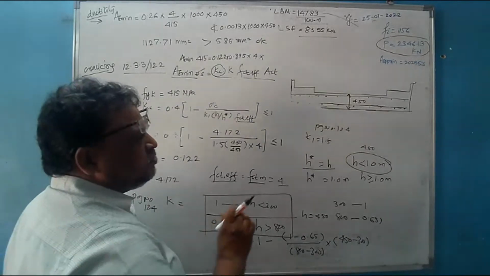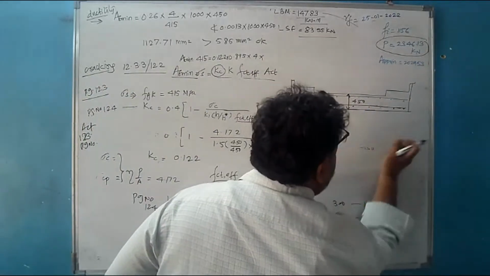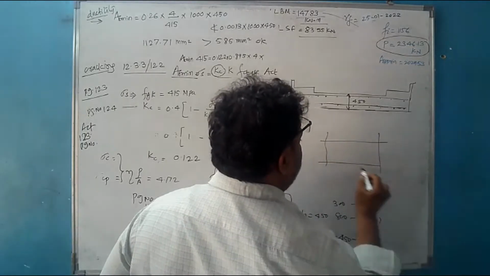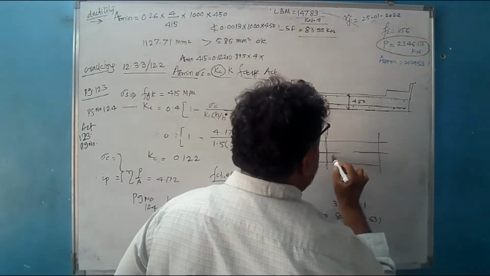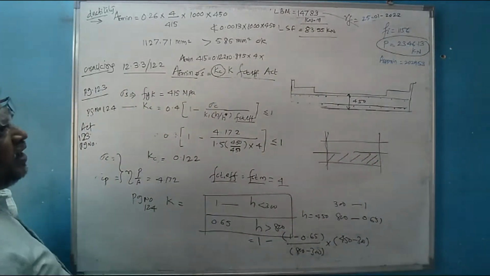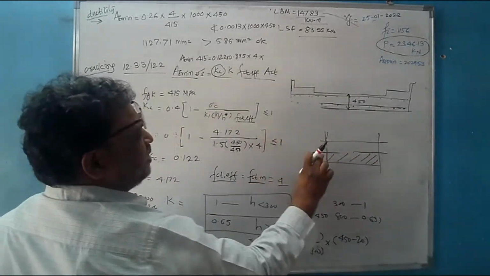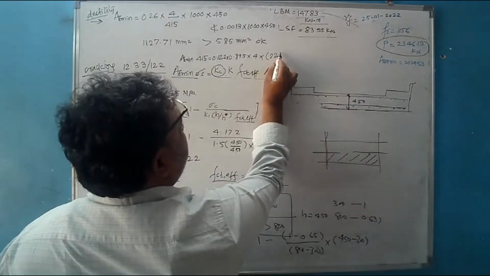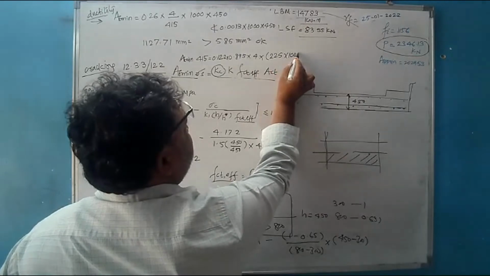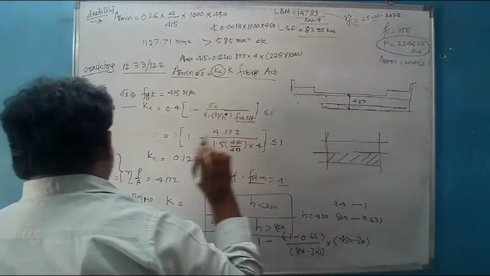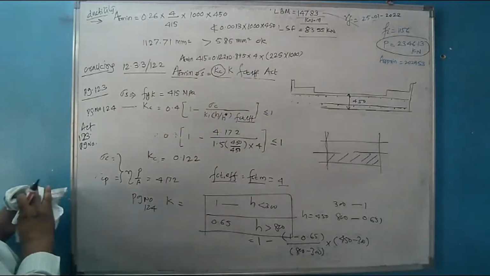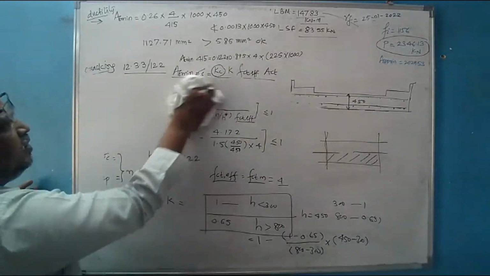So what is the tension zone area? Tension zone area कितना रहेगा? अगर मैंने ये 1 मीटर वाइड स्ट्रिप कंसीडर किया है, 1 meter wide, this is the neutral axis, this is the tension zone. What is the area of the tension zone? ये डेप्थ कितना रहेगा? 450 का आधा, so that is 225, multiplied by this width, it is 1000. So put all the values, substitute here, get the minimum area of steel. कितना रहेगा?